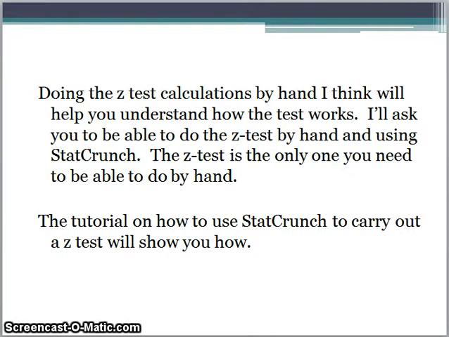As you're doing these, always keep in mind, and don't lose sight of the fact that we're using what's in the sample to make a guess about the population. So we know what the sample mean is, but we want to know, is that enough evidence to conclude something about the population mean?